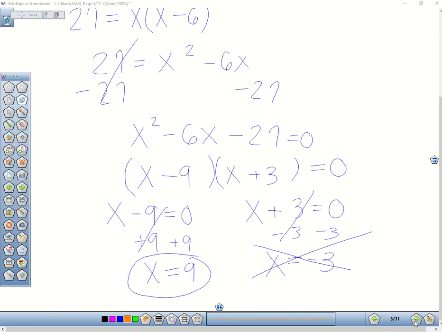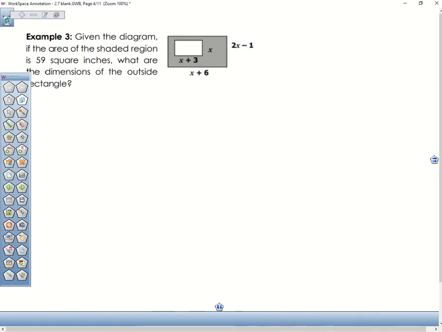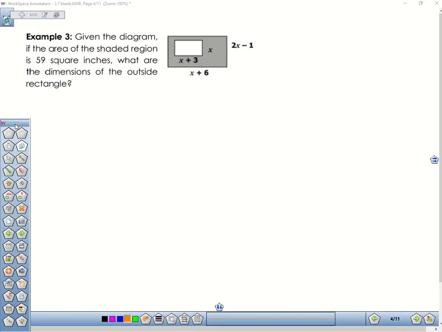So moving on to the next question. It says, given the diagram, if the area of the shaded region is 59 square inches, what are the dimensions of the outside rectangle? Well, let's think about what the shaded region is. Now, the shaded region is this weird shape, okay?